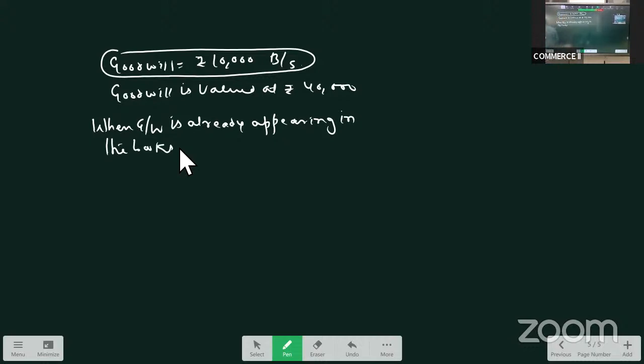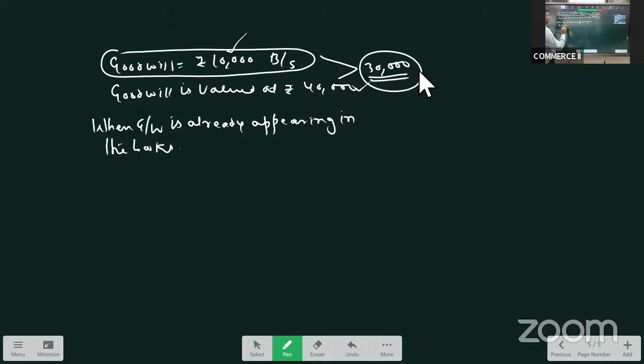If 10,000 is given on the asset side, it means it is already credited to old partners. Now the value of goodwill is 40,000. So what is the gap? It is increased by 30,000. So now we should credit old partners with rupees 30,000 only.